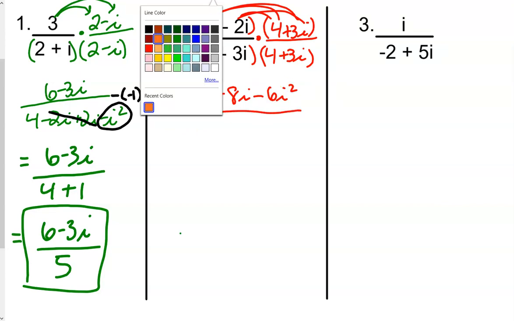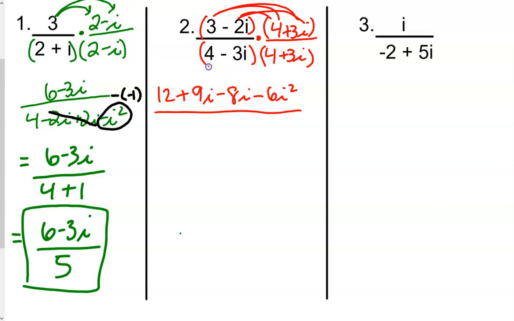Same thing with our denominator. So 4 times 4 gives me 16. 4 times 3i is positive 12i. Negative 3i times 4 is negative 12i. Negative 3i times 3i gives me negative 9i squared.